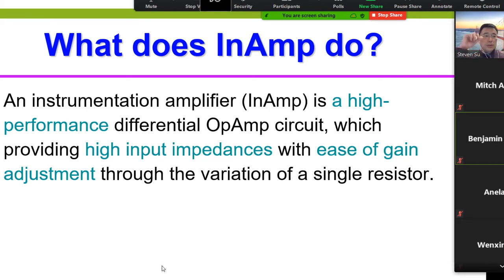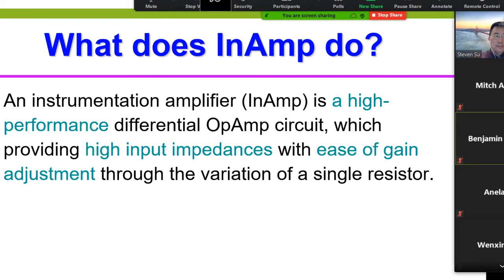We will show you later how to read a data sheet of a component. In the data sheet of an instrumentation amplifier, you can find how to change the gain. In this assignment 2, I ask you to build the first instrumentation amplifier with a gain of 10.